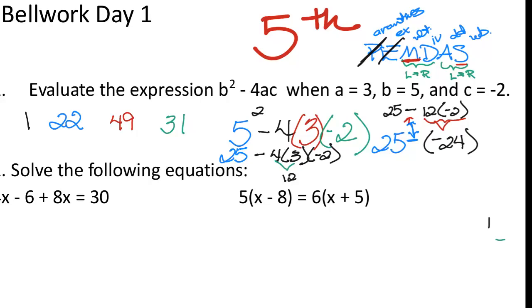That's not proper. You cannot have a double negative when it comes to math either. So you need to change that to adding the opposite. So we're going to say plus right here, and 25 plus 24 gives 49.